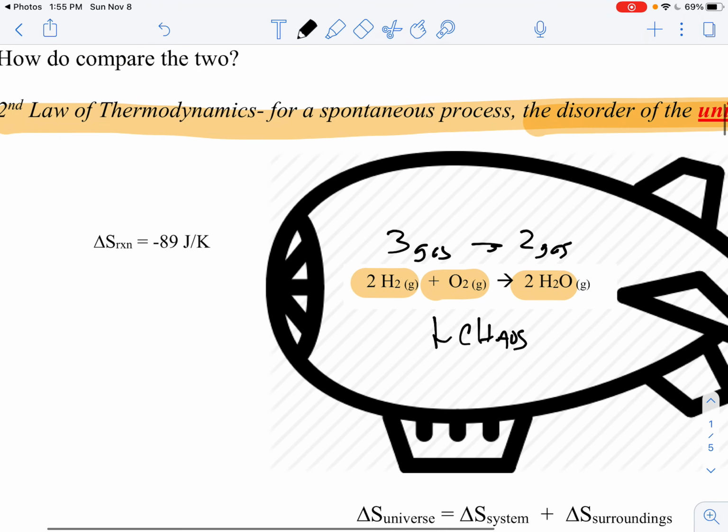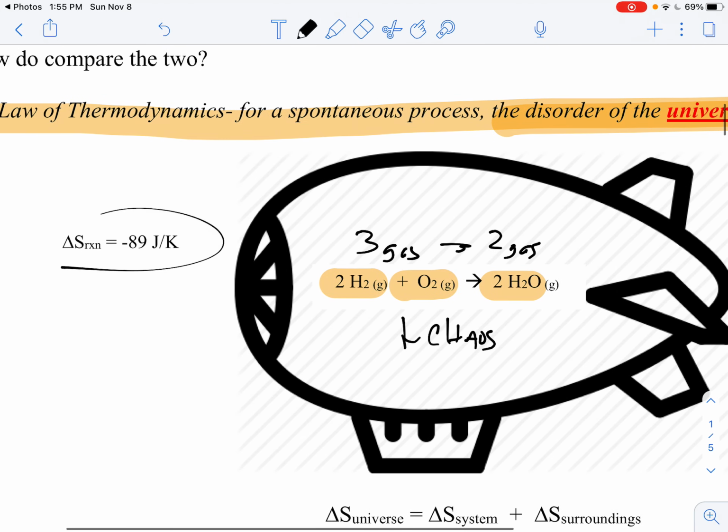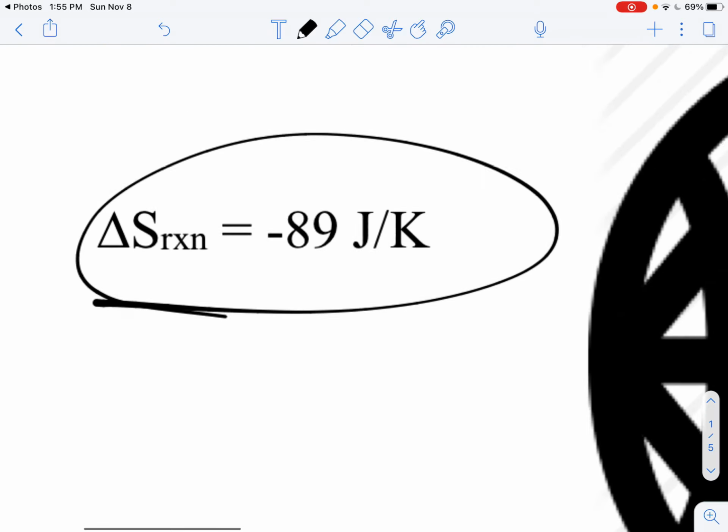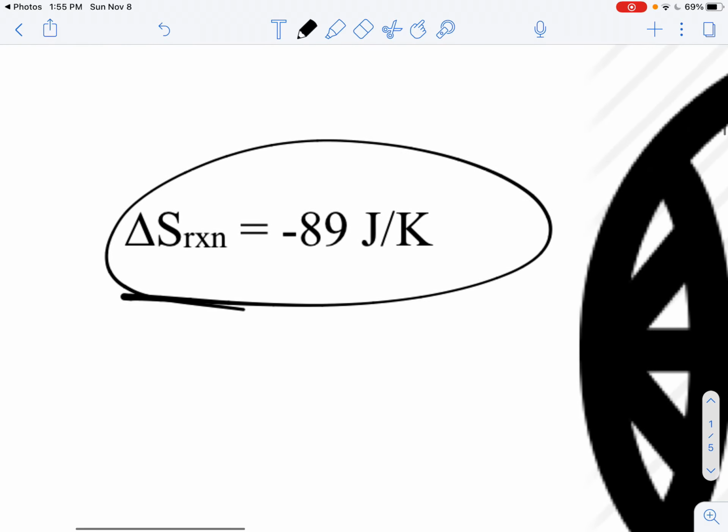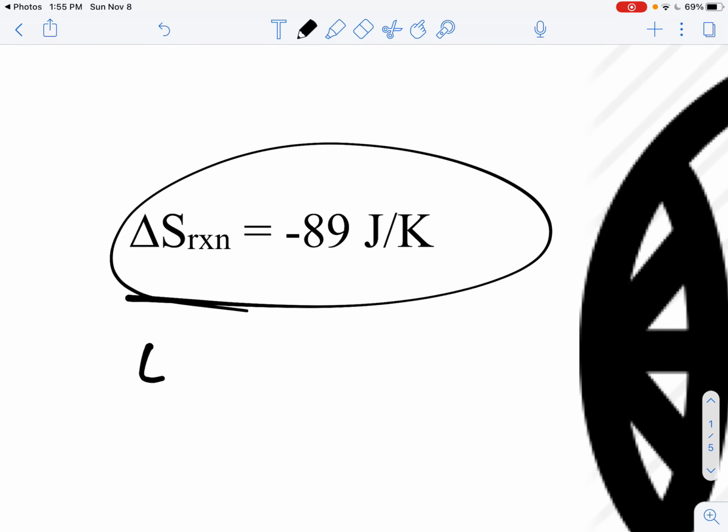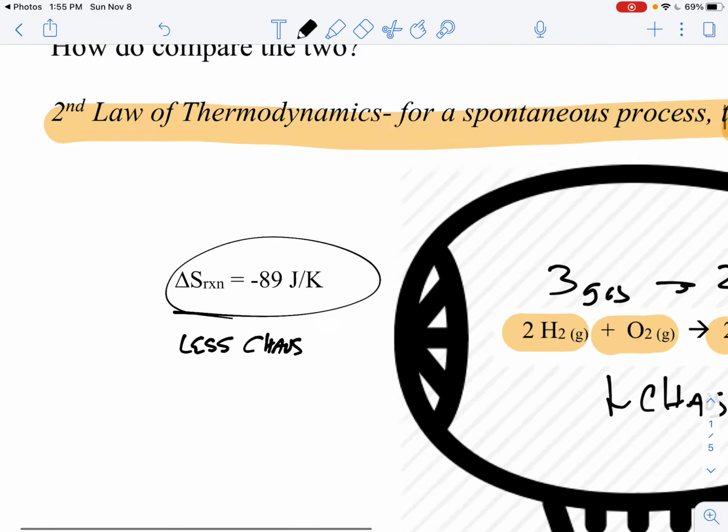So this reaction should not go, because it is becoming more ordered. The delta S, as we calculated in the last video, is negative 89. It is less chaos. The universe does not like this.